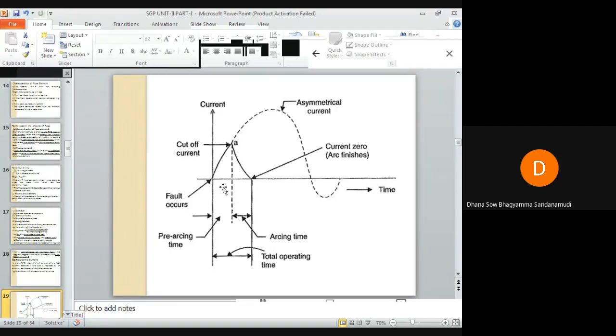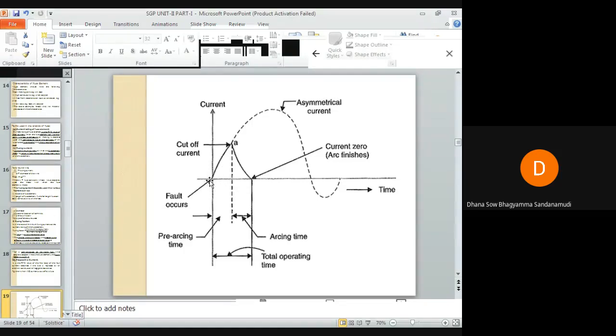On the occurrence of a fault, the fault current has a very large first loop due to the fair degree of asymmetry. Whatever heat is generated due to this very large first loop of the fault current is sufficient to melt the fuse as soon as the fault current reaches point A.